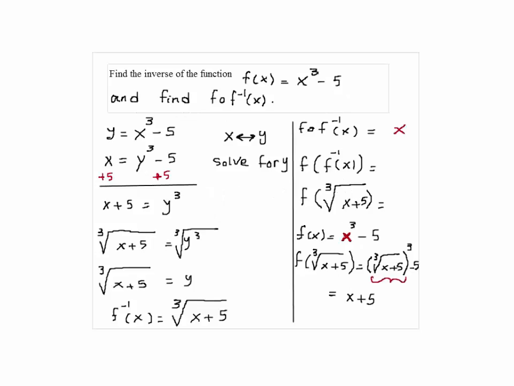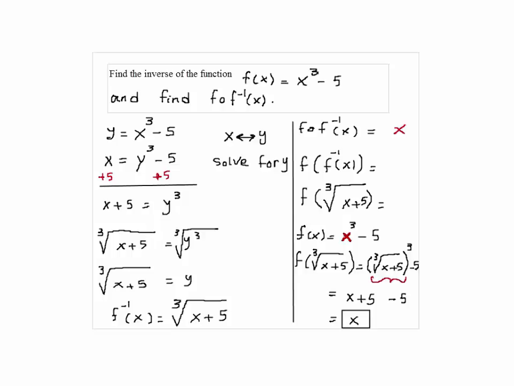Okay, good. So over here, you see that f of cube root of x plus 5 would be x plus 5, and then we have this minus 5 here, and if I simplify this, I would get it equal to x as I expected.